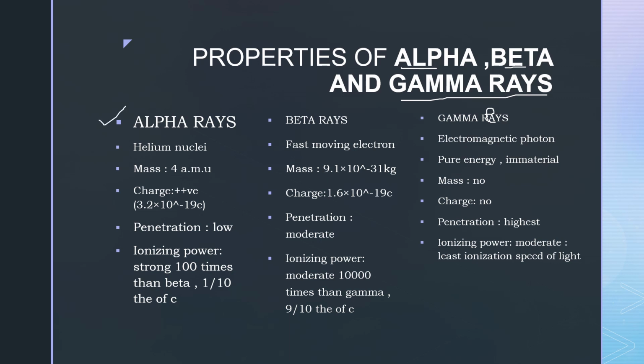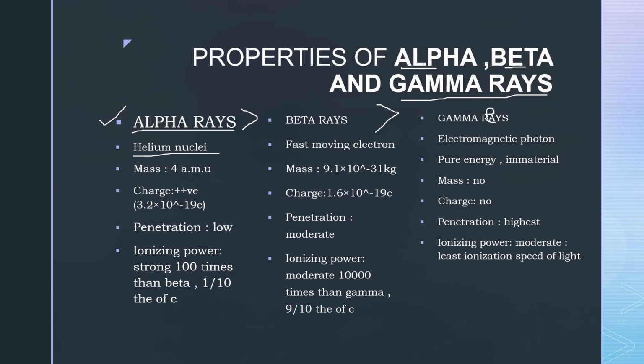First, alpha rays. I have written alpha rays at the start because alpha rays are the heaviest. Alpha rays are heavier than the beta rays, and beta rays are heavier than the gamma rays. How? Let's identify that with the properties.